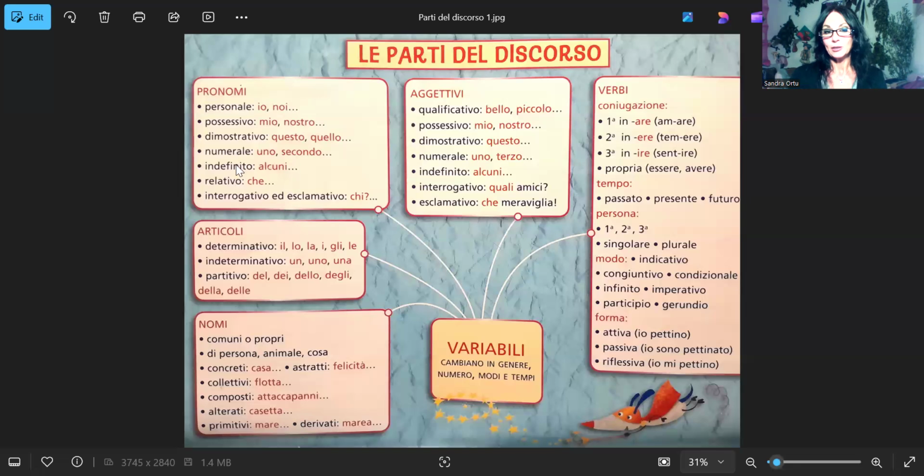The pronouns include other groups, the articoli, which include a couple of other groups, nouns, adjectives, and verbs. We're not going to go very deep into these because some things are not necessary to what we're doing, and they would just make things sound too complicated. So let's see what you can find useful.